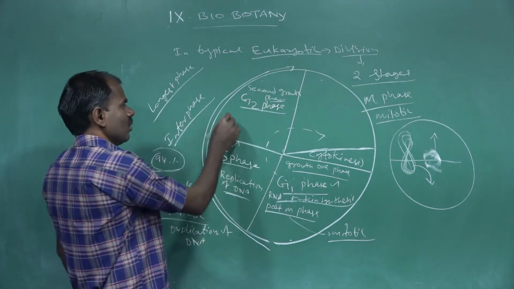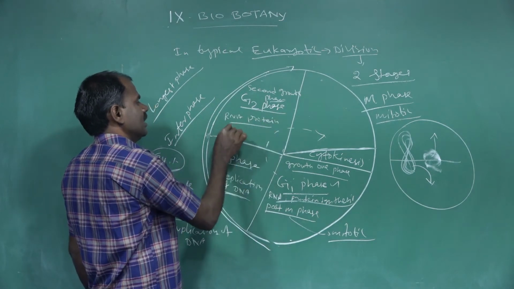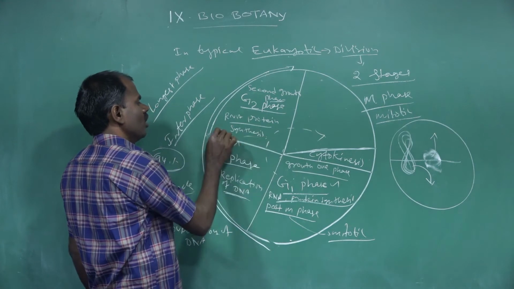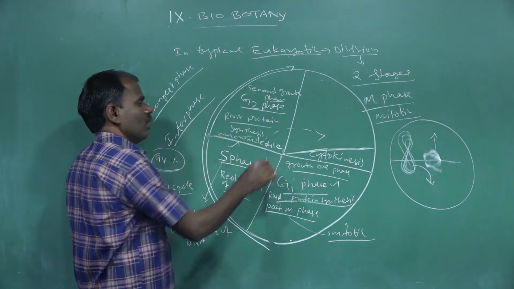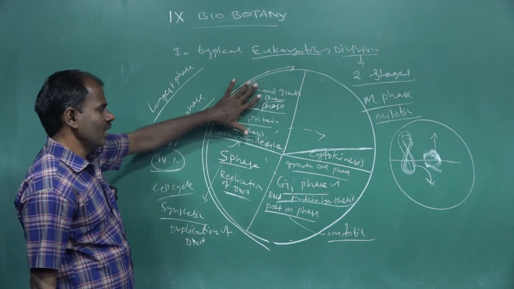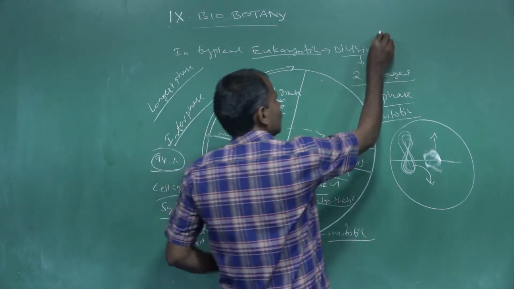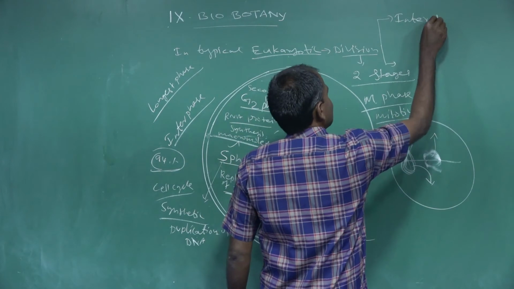This is for synthesis of RNA and protein, and macromolecules are also synthesized. In eukaryotic cells, the cell cycle has 2 phases. The first phase is called the interphase.